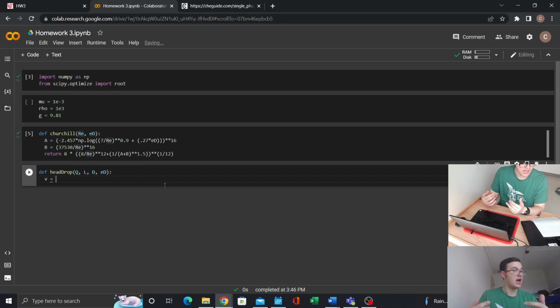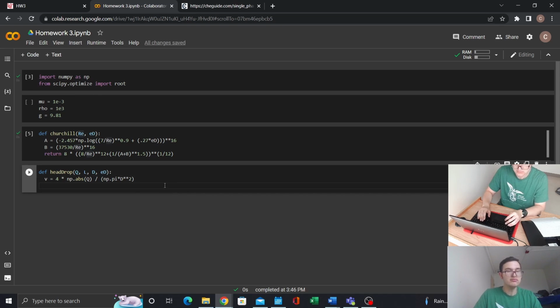Remember that the volumetric flow rate is equal to velocity times the area, and we found earlier that the velocity is equal to 4 times the absolute value of Q divided by numpy pi multiplied by the diameter squared.